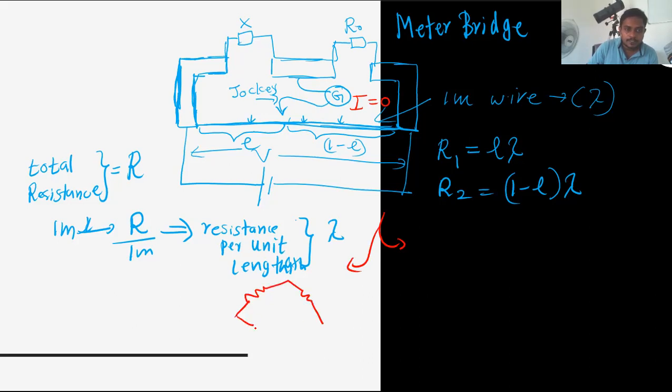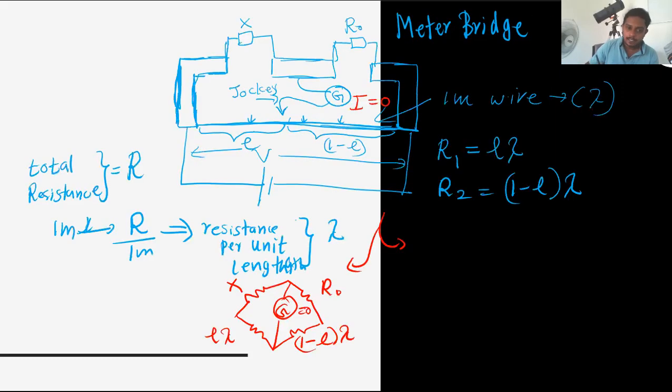It has 2 resistors here. If the galvanometer value is 0, here we have X, which is the thing that we need to find, and R naught here. This side, the value becomes L lambda, and this side the value is 1 minus L lambda.